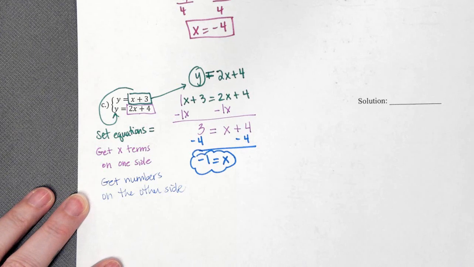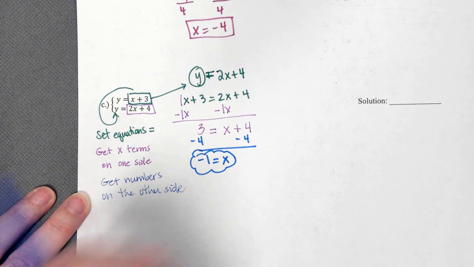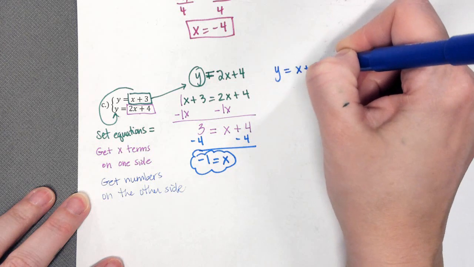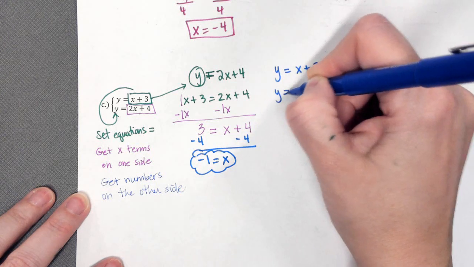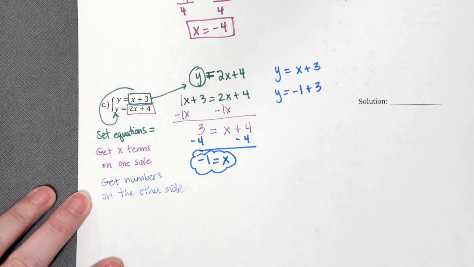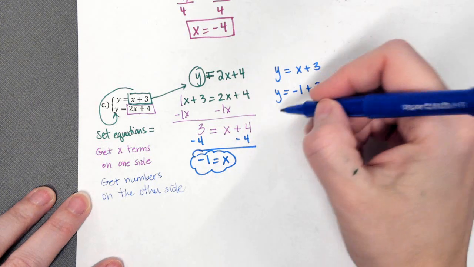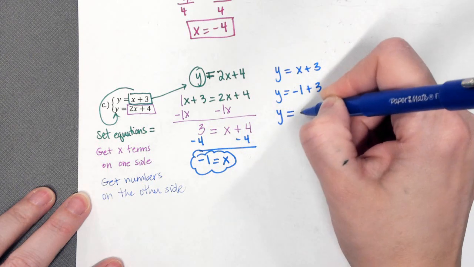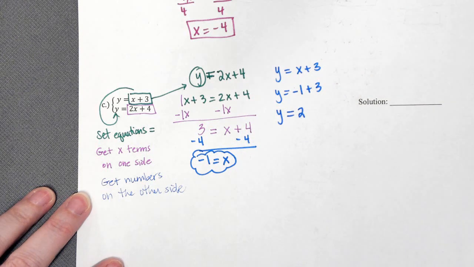It doesn't matter which one you do. So if you chose the top one, y equals x plus 3, you're just going to plug in -1 plus 3. And y is going to equal, if you do -1 plus 3, you'll get 2.